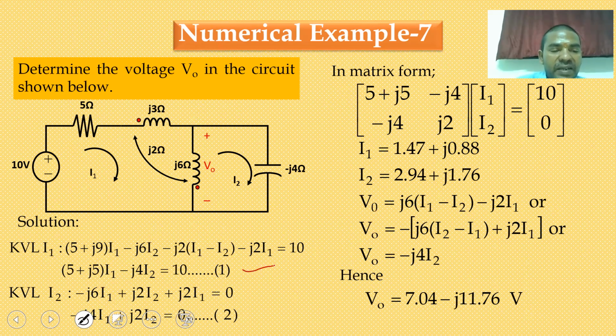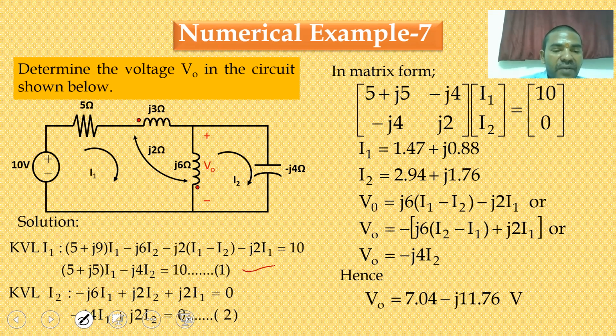So coming to the second equation, minus j6 into I1 plus j2 into I2. So how are we getting j2? Plus j6 minus j4. So finally you can get j2 into I2 plus j2 into I1.